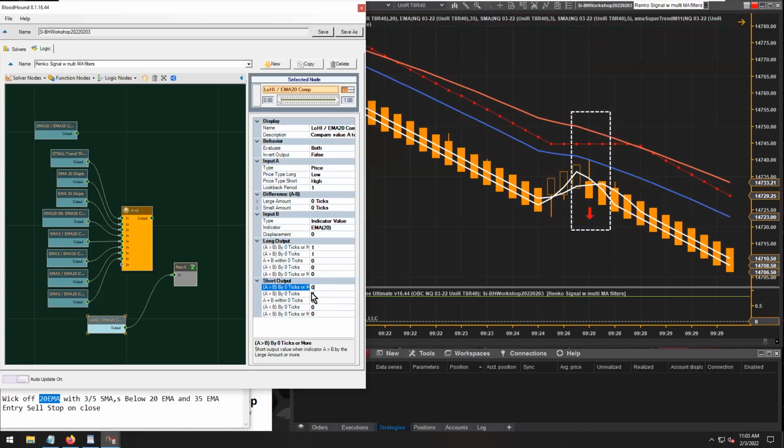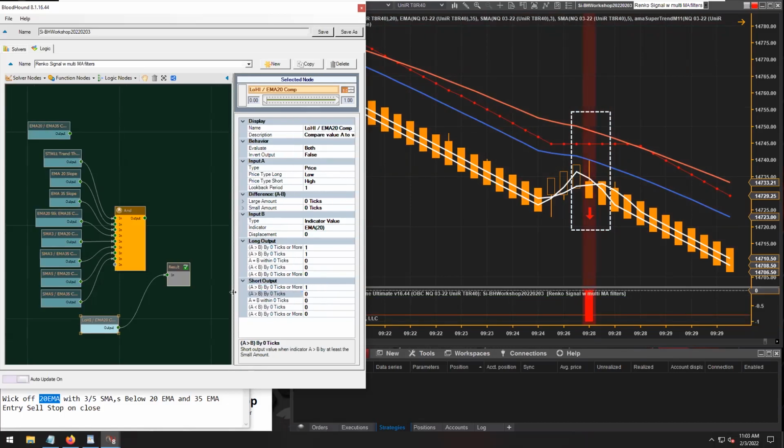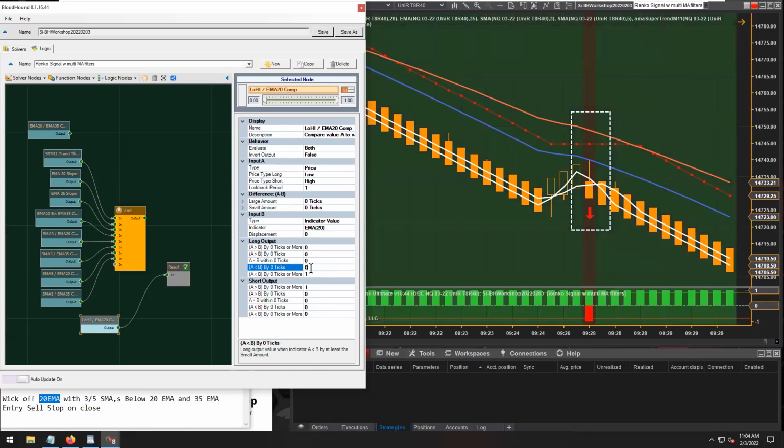We want A to be greater than B. So if we open this up, we want the high of the bar to be greater than the EMA 20, or above it. So we want A greater than B. Since we reversed the short outputs, we're also going to reverse the long outputs as well, like so.